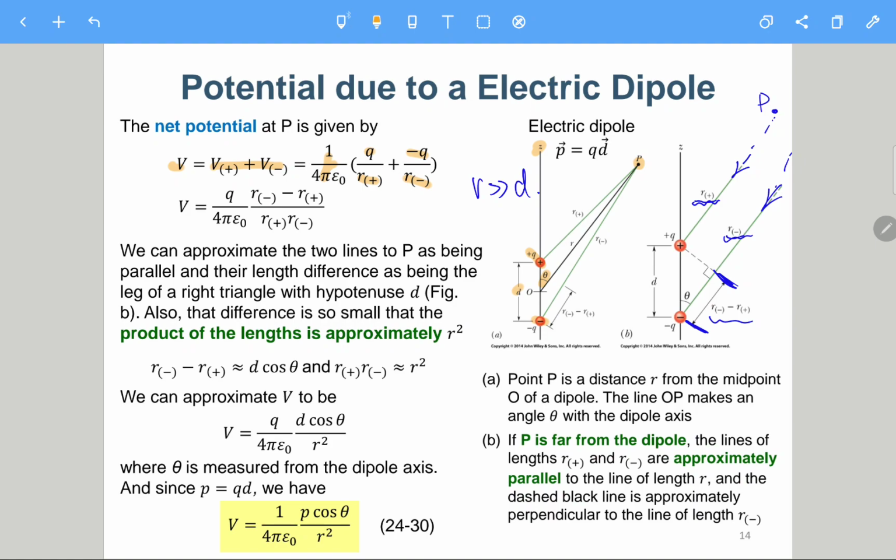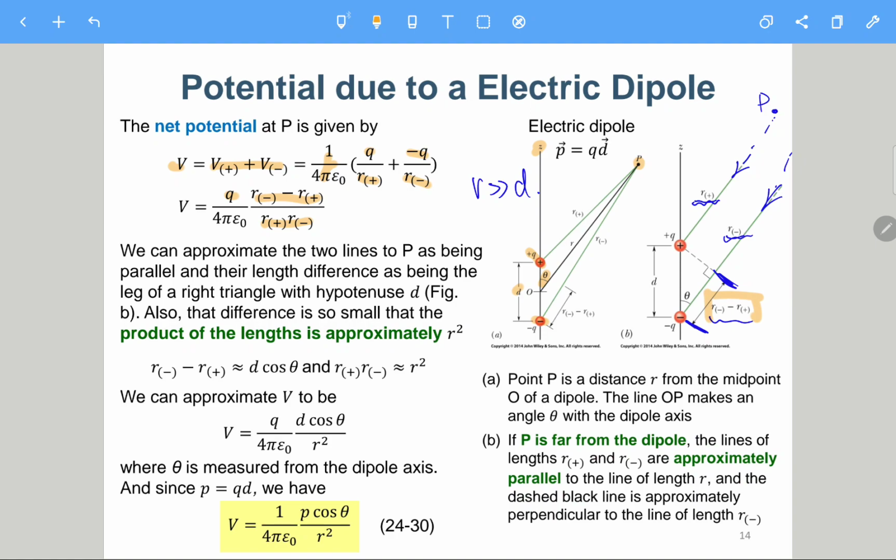So Q can be factored out. We have Q here, and then we add them together so that we have R plus R minus in the denominator, and then R minus over R plus at the numerator.